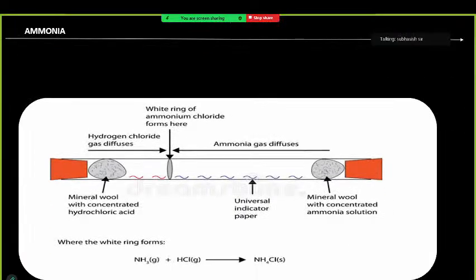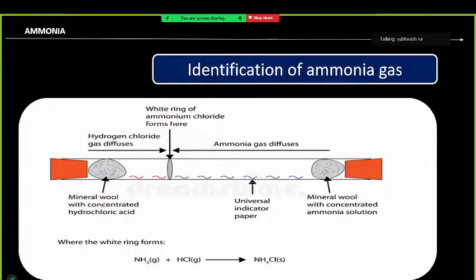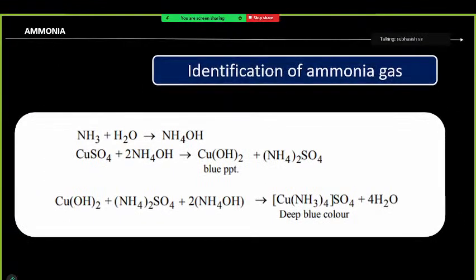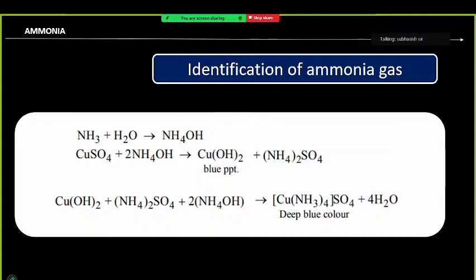And ammonia and HCl react with the formation of ammonium chloride, which is an identification of ammonia gas. Another identification test of ammonia gas is where copper salts give a blue precipitate and a deep blue solution when an excess amount of ammonia reacts.